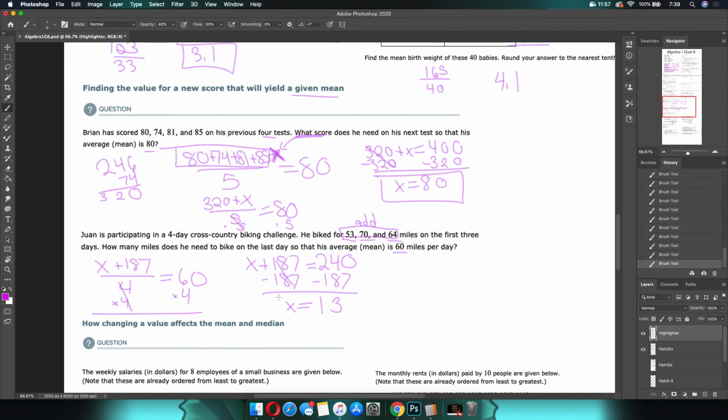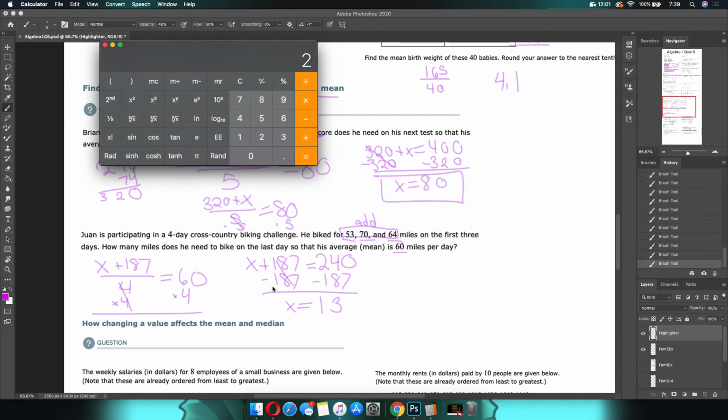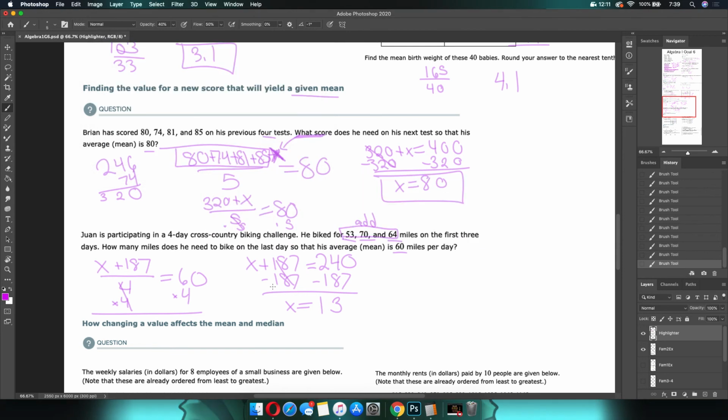Maybe. Hang on, let's double check on the calculator. My brain skittered to a halt. 240 minus 187. 53. Wow, did you see how off I was? Silly Ms. Dubois. And obviously, just because the human calculator is a human calculator, she'll still make mistakes, which means double check your work on the calculator. But there is your answer.